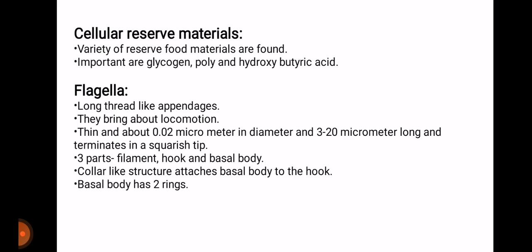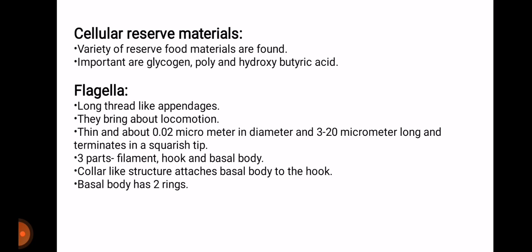It is outside the cell and connects to the hook at the cell surface. Hook is bent and is thicker than the filament, about 17 nanometer, and it penetrates the cell wall. The basal body is a spindle-shaped structure that joins the hook to the cell membrane. A short collar-like structure attaches the basal body to the hook.